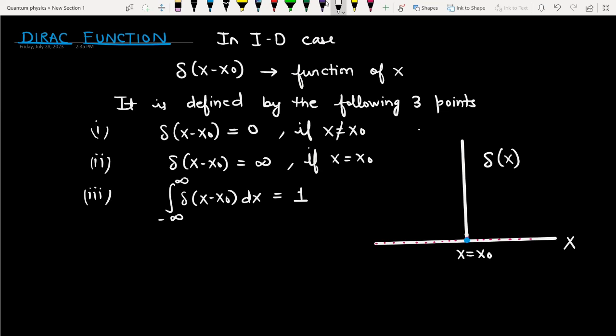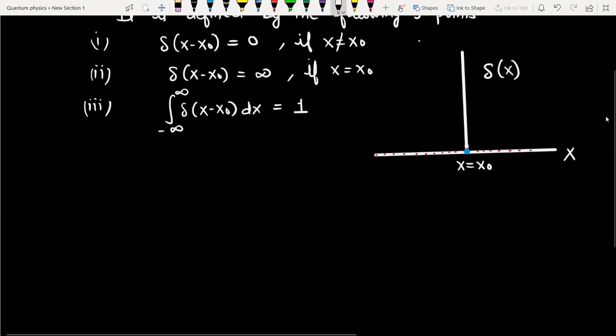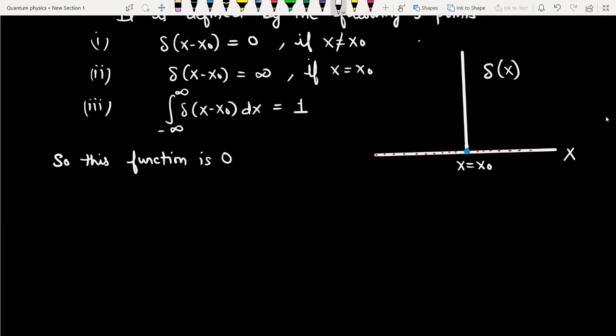So I may write this out. So this function is 0 everywhere except at x equal to x naught, where the function is infinity.